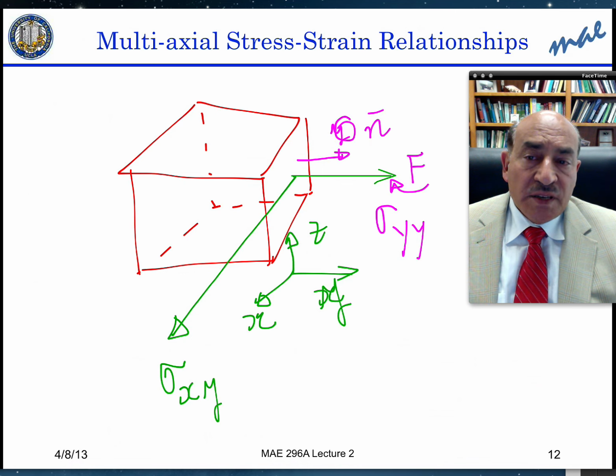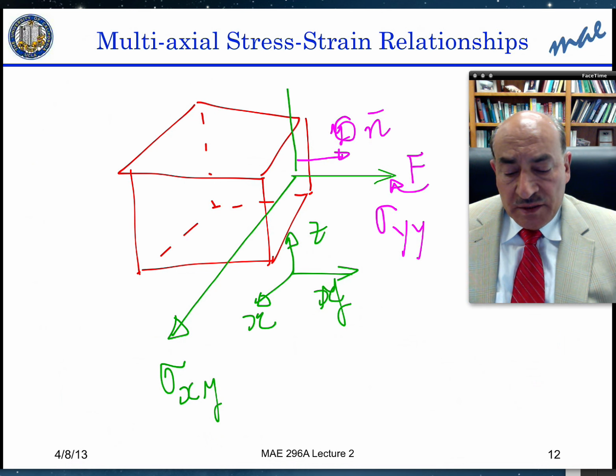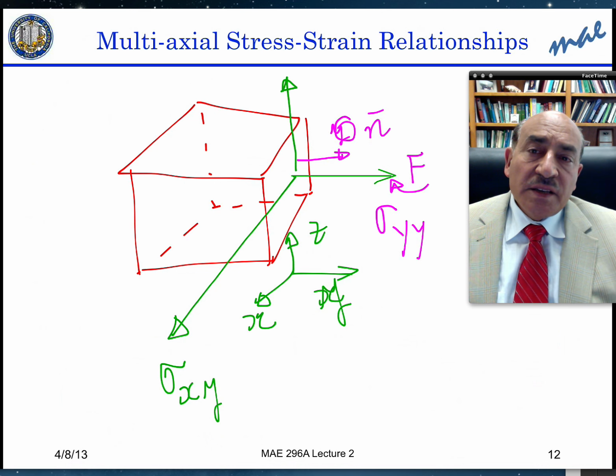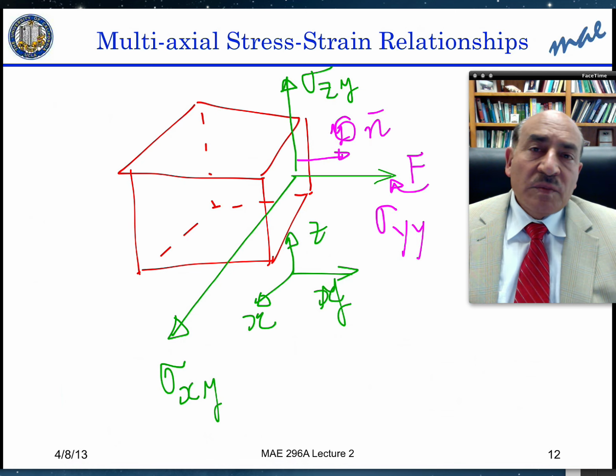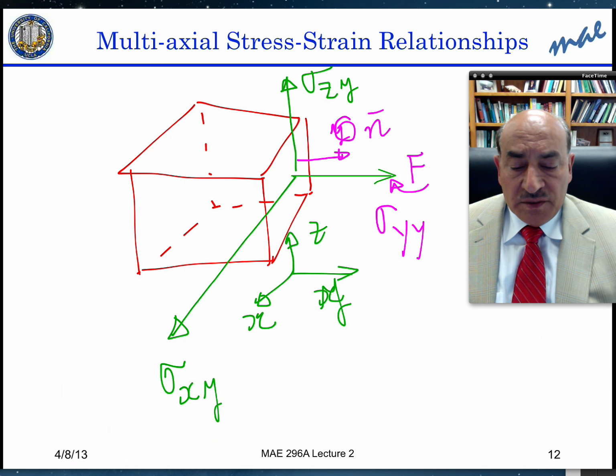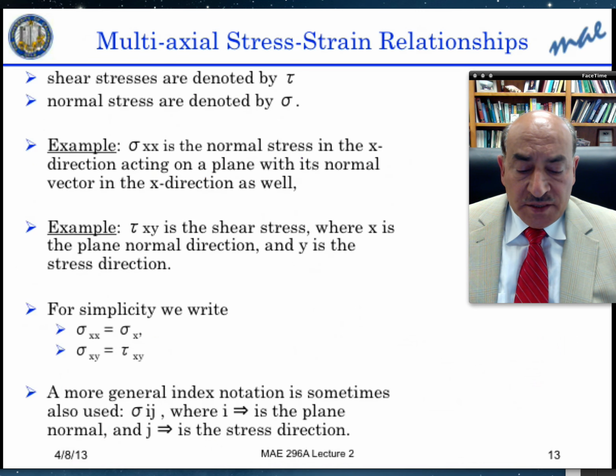So that will be sigma xy. And finally, if I have a stress in the z direction, I write it as sigma zy, and again the normal is still in the y direction. So you need two indices to indicate the total stress in this case.